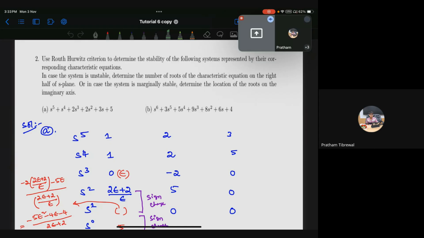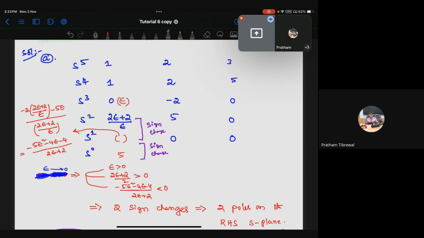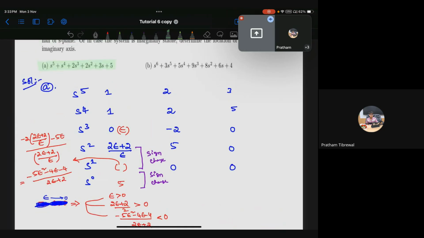Now let us consider this example: s power 5, s power 4, 2s cube plus 2s square plus 3s plus 5. First, we write all the terms in a vertical way: s power 5, s power 4, s cube, s square, s power 1, s power 0.